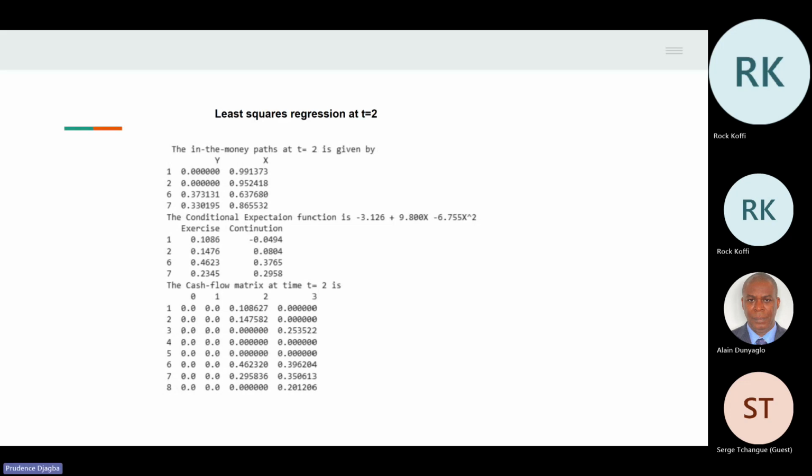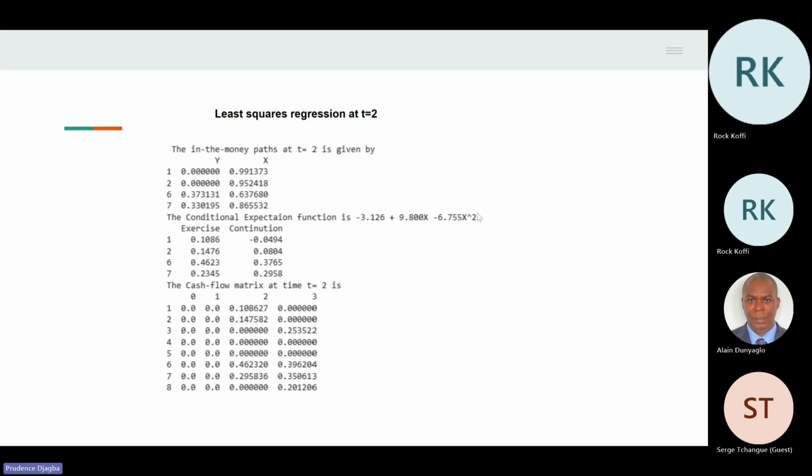And the x here contains the value of the stock price at t equal to 2. So we can now find a polynomial that estimates, as linear regression of y versus x, what we got as the conditional expectation function there.